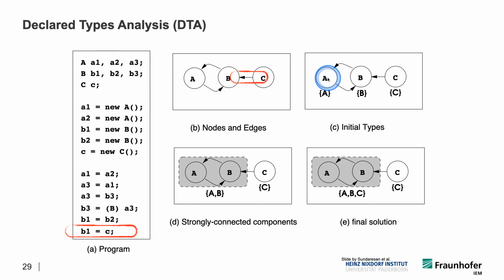The same, in this case coincidentally, holds for B being assigned to B and C being assigned to C. And that's our initial type assignment. Again, we detect and merge these strongly connected components, and then we propagate the type information. And this gives us our final solution, which you see here.